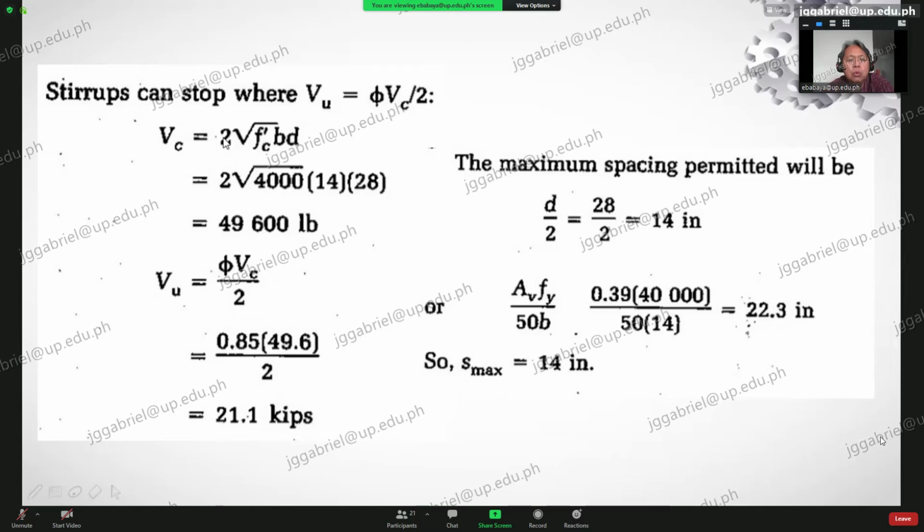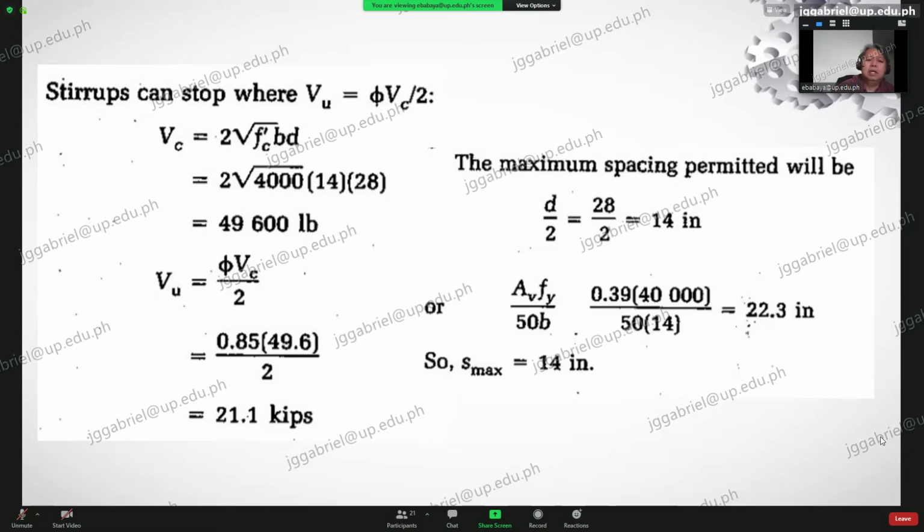That's 2 times the square root of f prime of c times b times d. Okay, our f prime of c is 4,000. So 2 times square root of 4,000 times 14 times 28, you get 49,600 pounds. Okay, that's your VC.